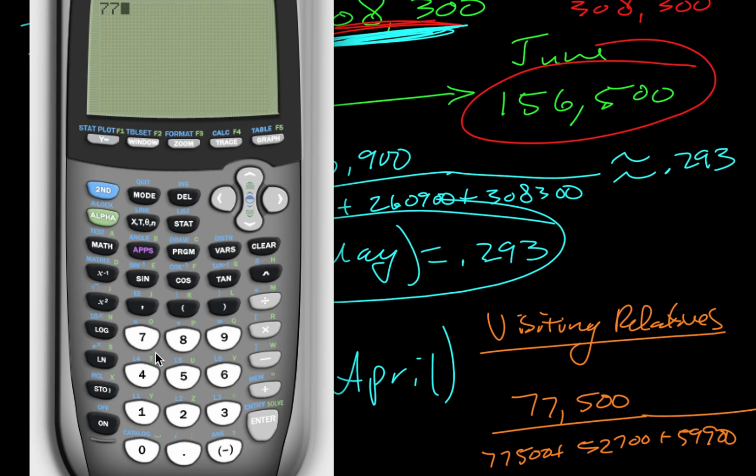We're going to say 77,500 divided by 77,500 plus 52,700. Is that what it was? Yeah. Plus 59,900. We do that, and we see that it's 0.408.